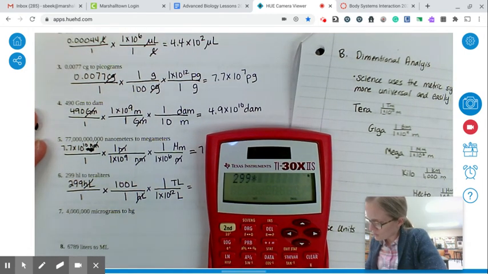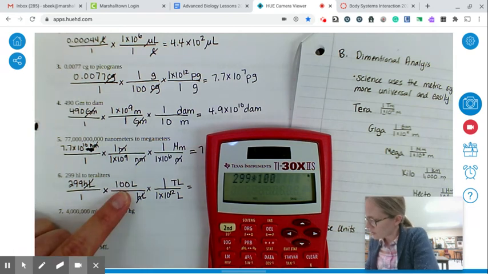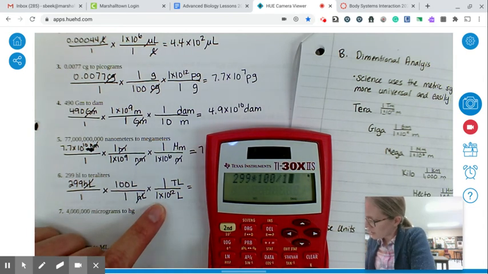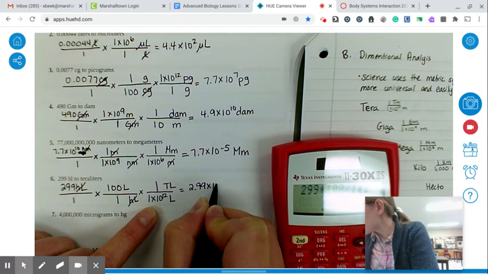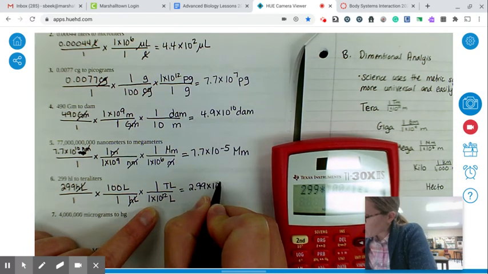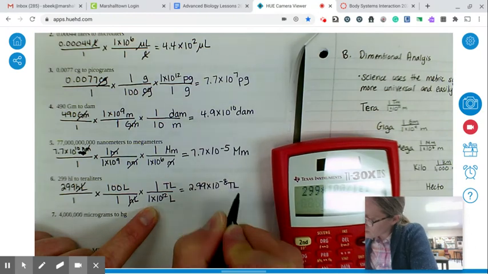I do the 299 times 100 because the 100 is on top, and then divided by 1 EE12 because that one is on the bottom, and I get 2.99 times 10 to the negative 8th teraliters.